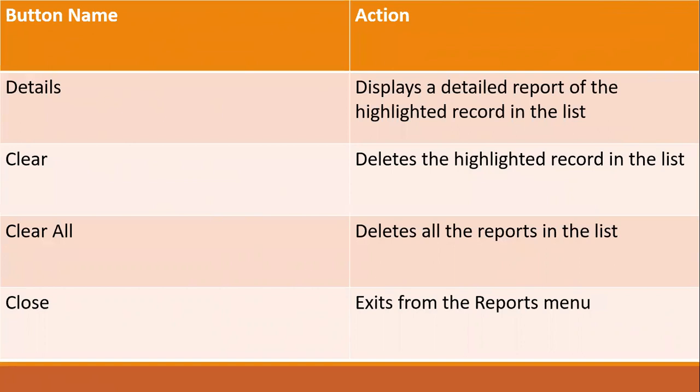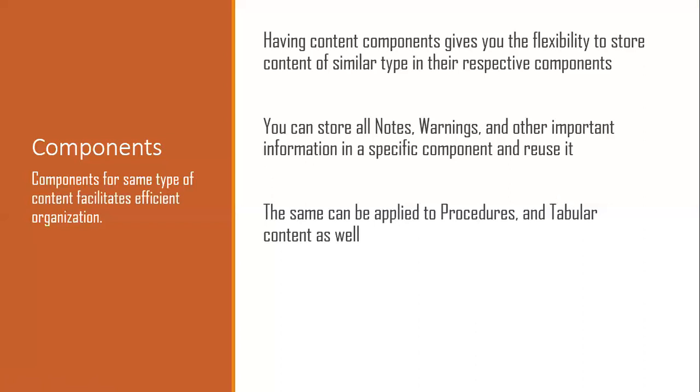Now when it comes to reuse, before we go to components, there are two ways of doing reuse. One is, if you feel the 10 menu items are going to have the same content, then you can use a topic from one of the menu items, add the main content over there, and use that as a reference for all the other topics.